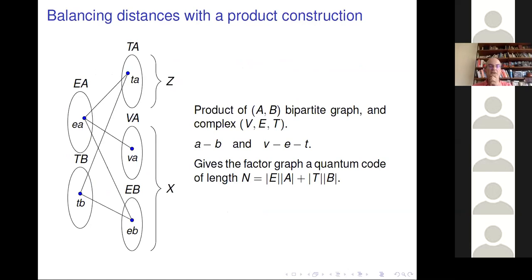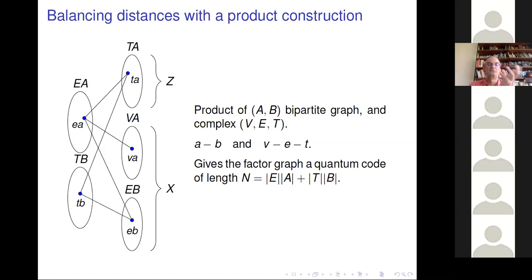It uses the picture that's on the screen, and we take a product of the simplicial complex that we've been discussing, VET, vertex, edge, T incident structure, with a more ordinary bipartite graph, AB, which should be an expanding bipartite graph to give a good result.